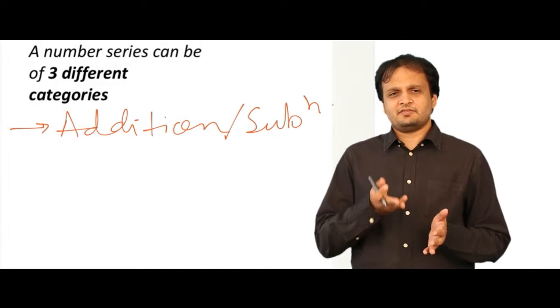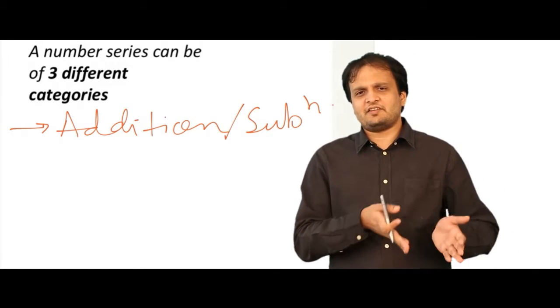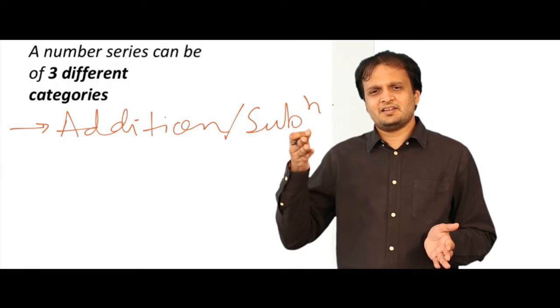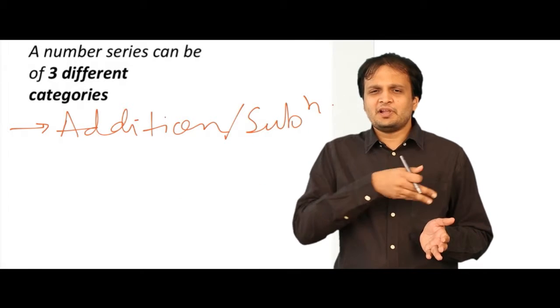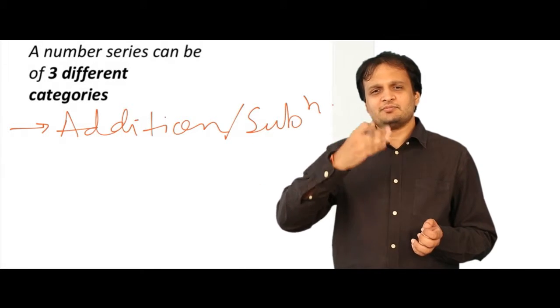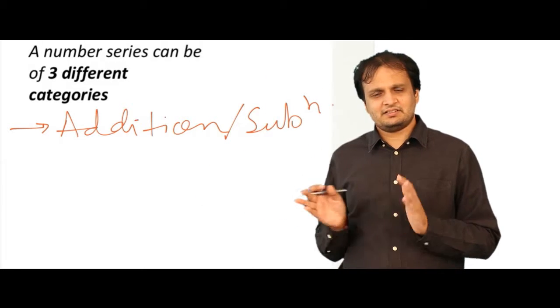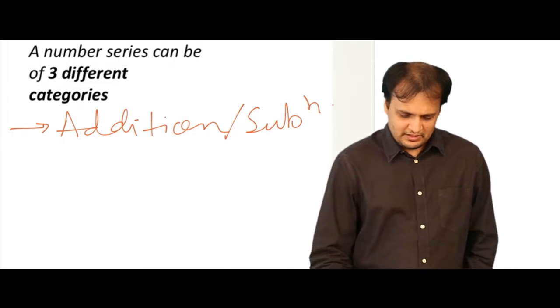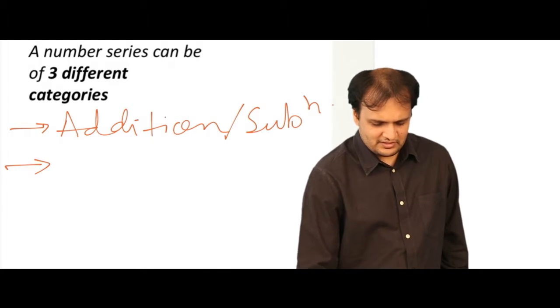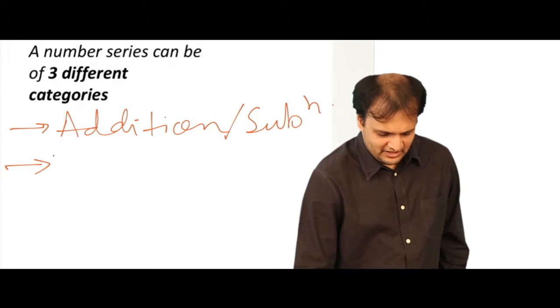For example, the question we looked at before, 2, 4, 6, 8, 10. What was it? 2 plus 2 is 4, plus 2 is 6, plus 2 is 8, plus 2 is 10. So it was an addition kind of series, right? This is the first kind of series. The second kind of series that can be asked to us, similarly, is going to be multiplication or division.